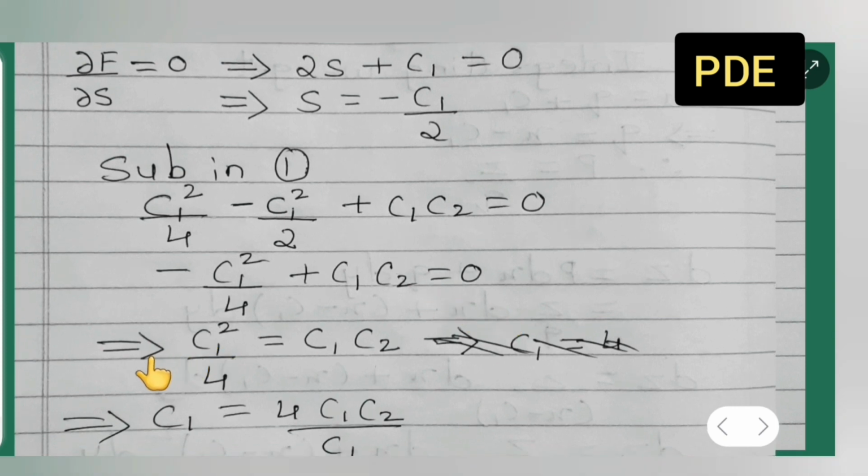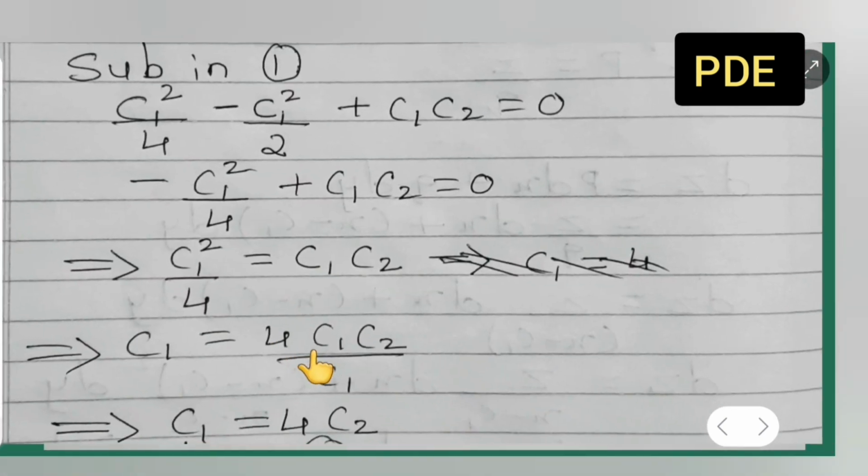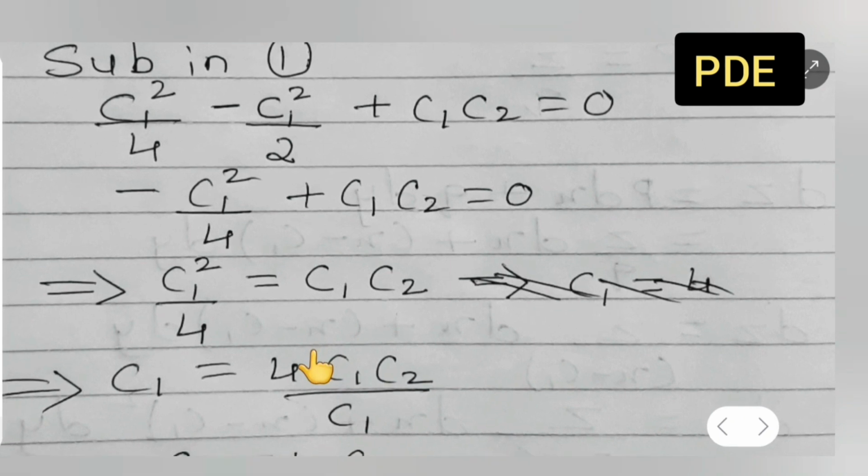Now this implies that c1 square upon 4 is equal to c1 c2. The minus sign is gone because of the equal to sign. I have taken it to the other side, so it was minus c1 c2, and minus minus will get cancelled.